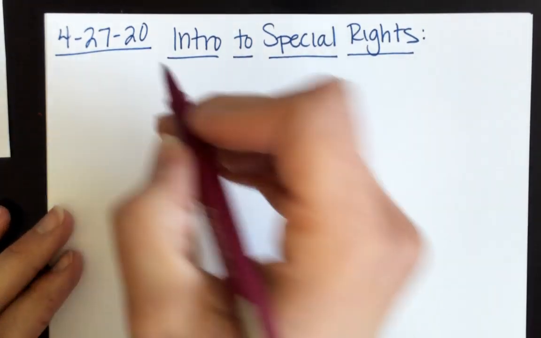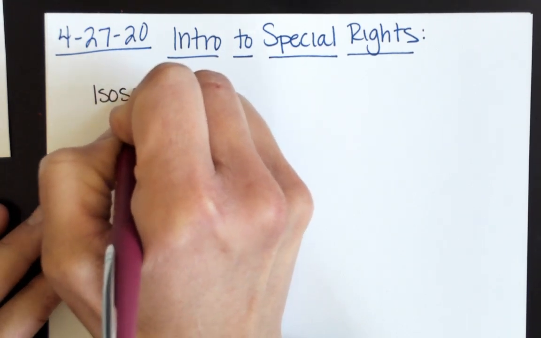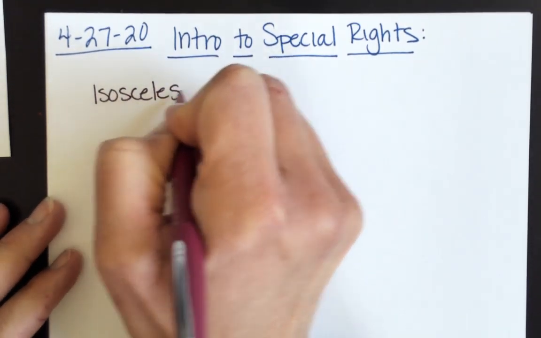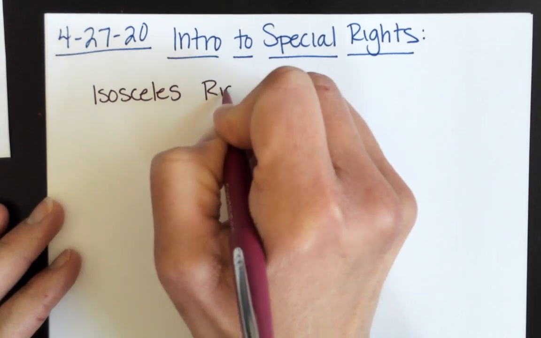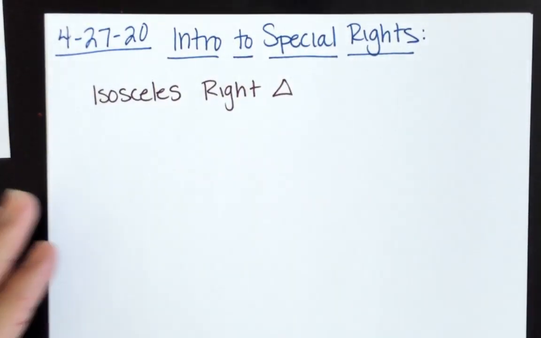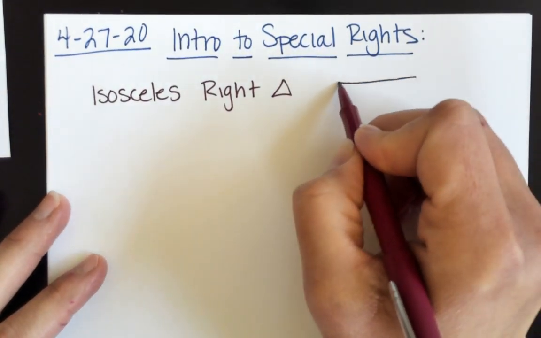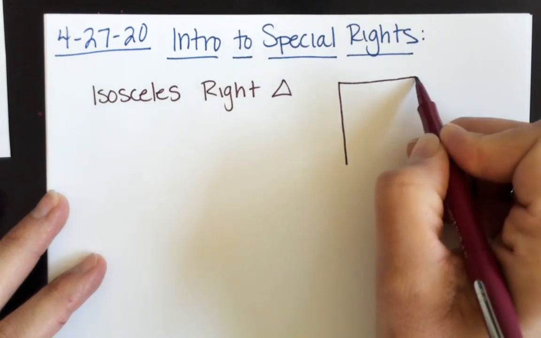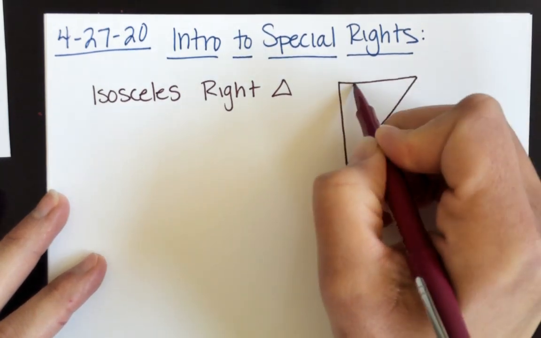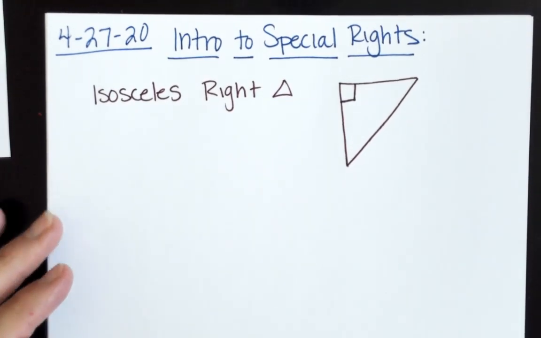So the first thing that I want us to look at is just what an isosceles right triangle actually is made up of. When we look at a triangle that is isosceles and right at the same time, we obviously have the right angle.